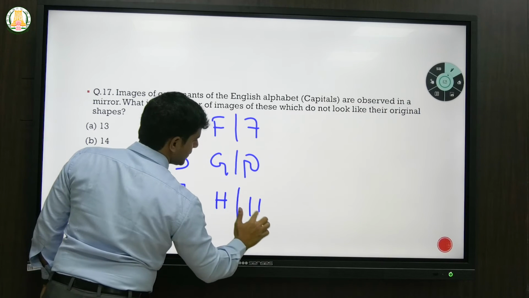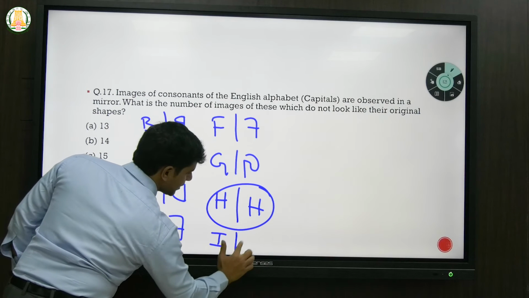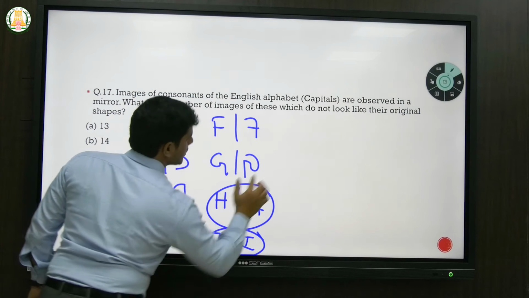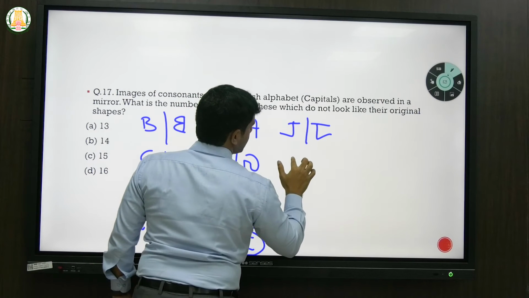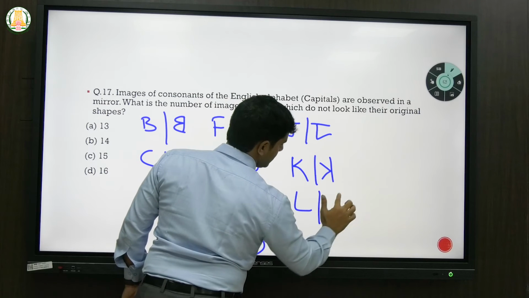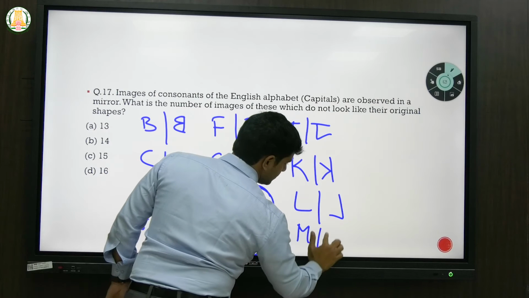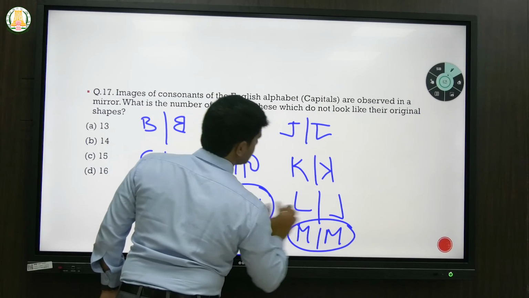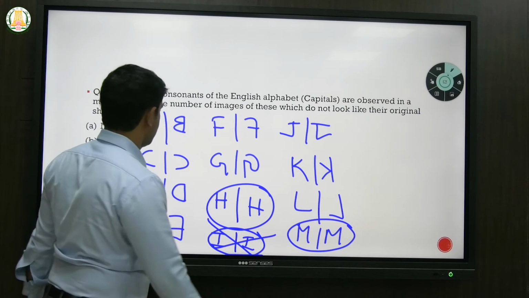H, if you see, will be the same. Again, I will be the same. J will be different. Then K will be different. L will be different. M will be the same again. But you can't count I because it's a vowel.